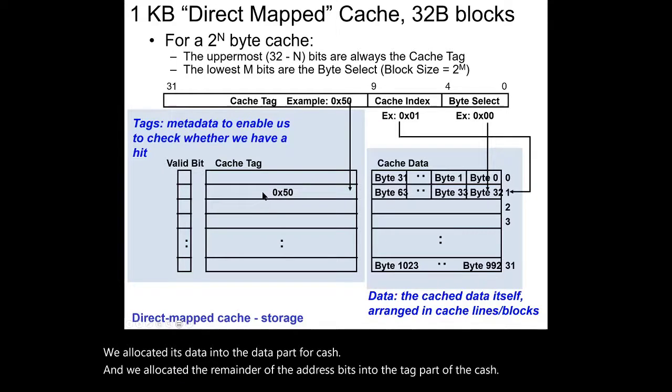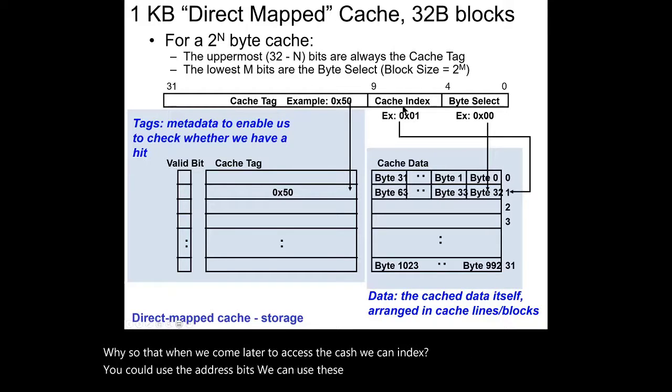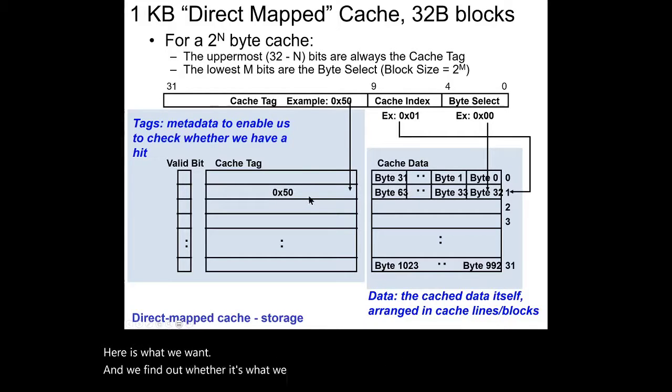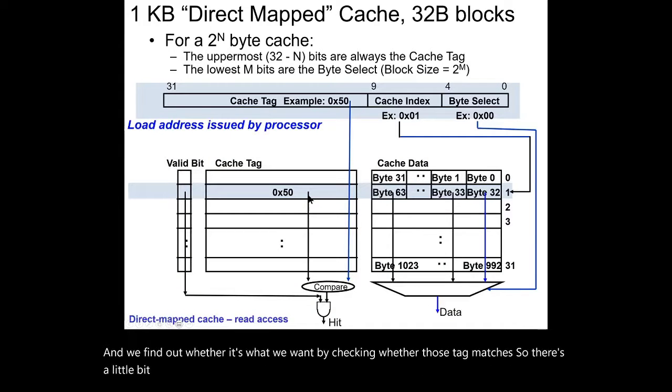Why? So that when we come later to access the cache, we can use these address bits from the address that we're looking for to index into the cache to see if that data is what we want. And we find out whether it's what we want by checking whether the tag matches. So there's a little bit of extra hardware really, isn't there?